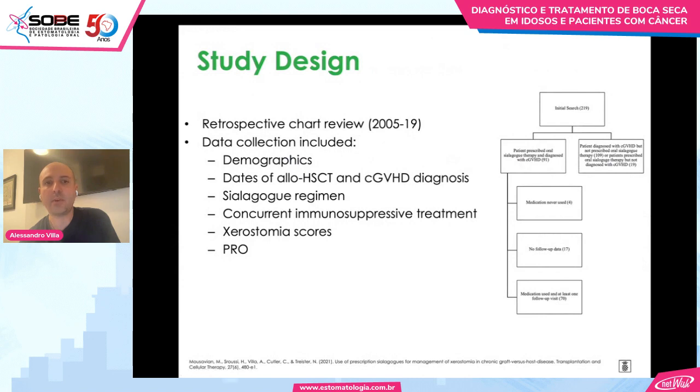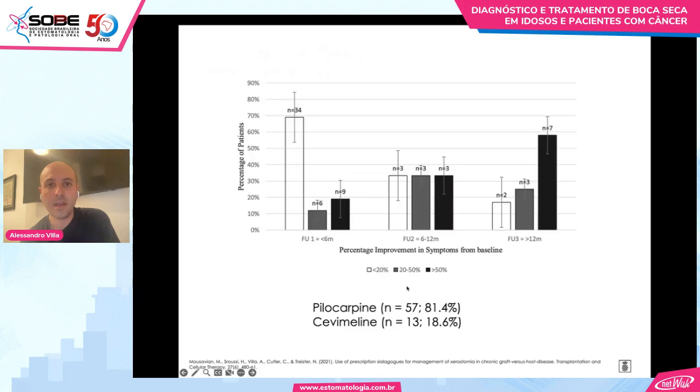We collected demographic data, what type of sialogogue they were receiving for the management of dry mouth, and xerostomia scores and patient-reported outcomes. And as you can see from the graph here, most of the patients, again, were on pilocarpine, as I was saying earlier. And when we look at the percentage of improvement in symptoms from the baseline to the third follow-up, which was greater than 12 months, there is a significant improvement in the patient-reported outcomes related to dry mouth in both patients receiving pilocarpine and cevimeline.